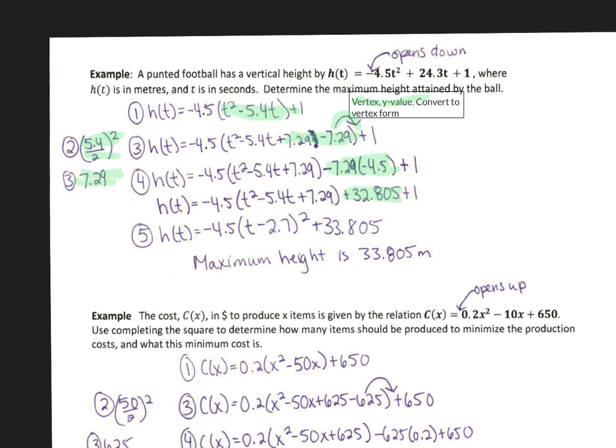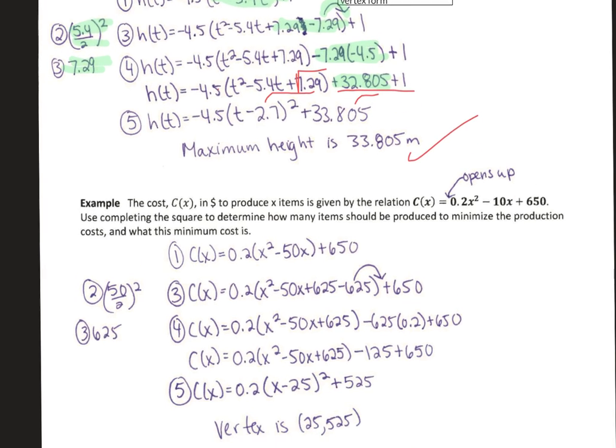Then we know that we have a perfect square trinomial we've created, so we're going to take the square root of this term in order to get 2.7 in our perfect square trinomial. So we'll have t minus 2.7 squared, and then we just combine these two things to go at the end of our vertex form. So our maximum height is going to be the y of our vertex, so the maximum height is 33.805. Okay, last one for today.